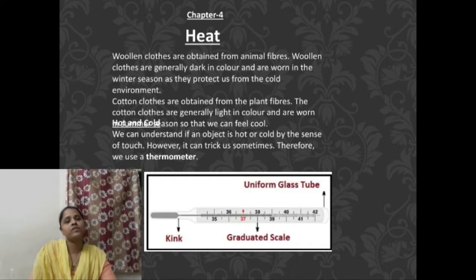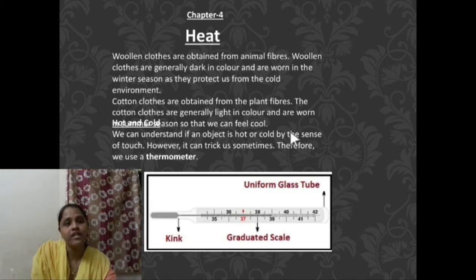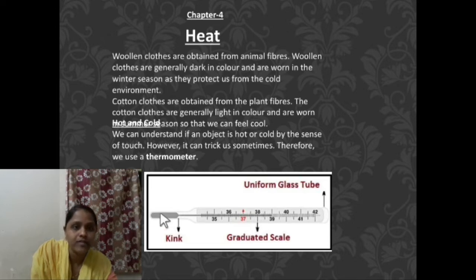Now the first type of thermometer is the clinical thermometer. We use this clinical thermometer in clinics for measuring the body temperature of a patient. Now, what are the different parts of this clinical thermometer and how is it made? It is made of a narrow glass tube, and here one kink is present, and at one end a glass bulb is there.